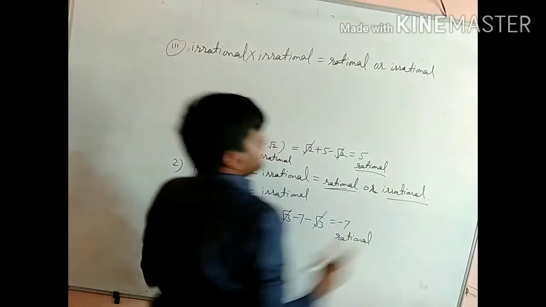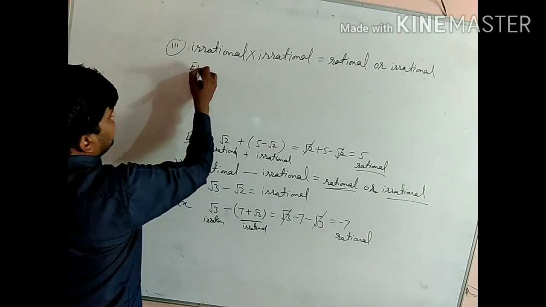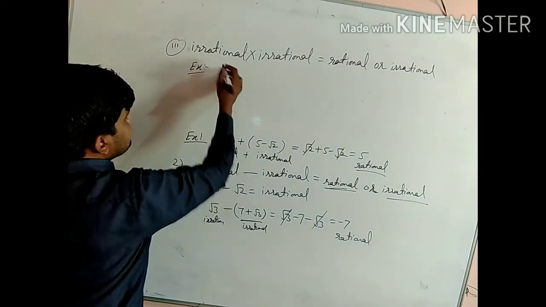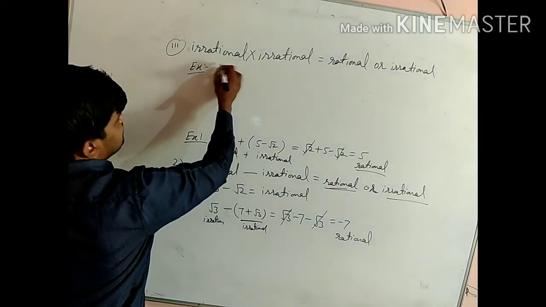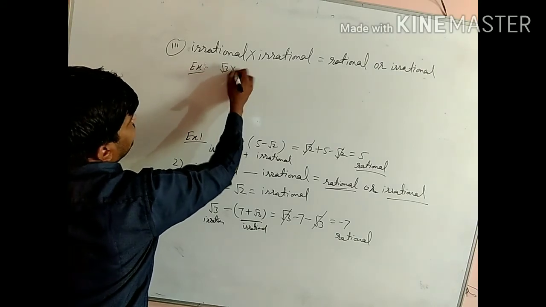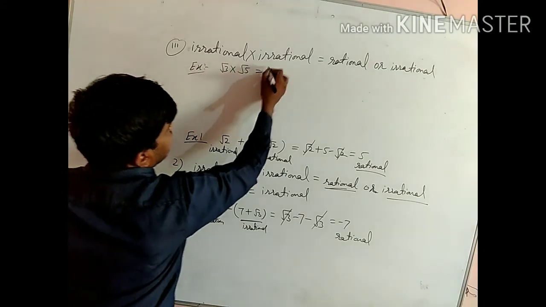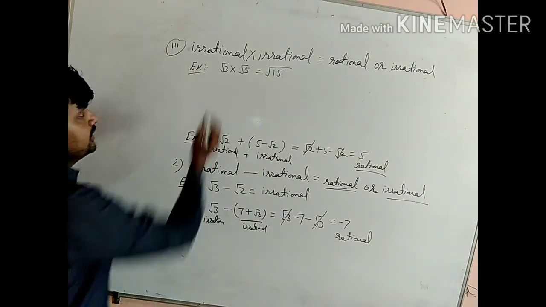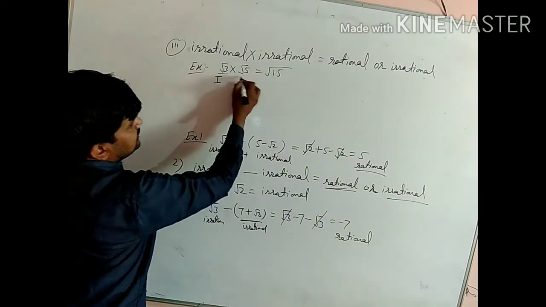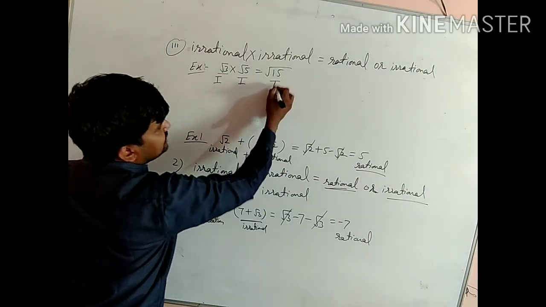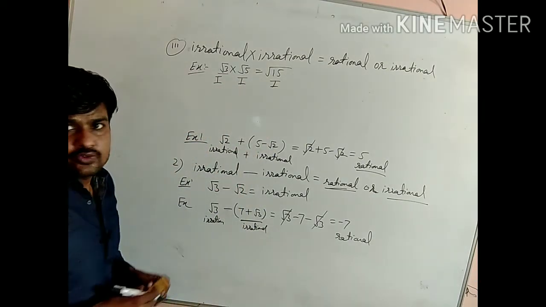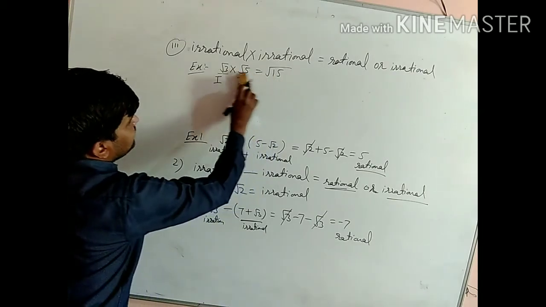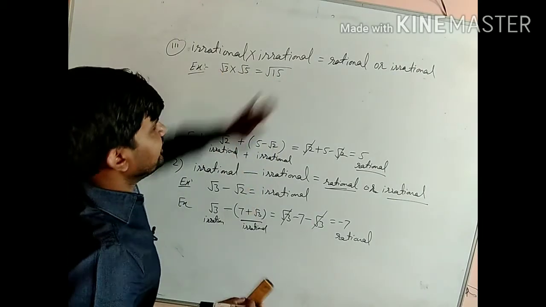It depends on the numbers. Suppose we have two numbers such as root 3 into root 5, we get root 15. This is irrational, and the result is also irrational. So here the multiplication of two irrational numbers is irrational.